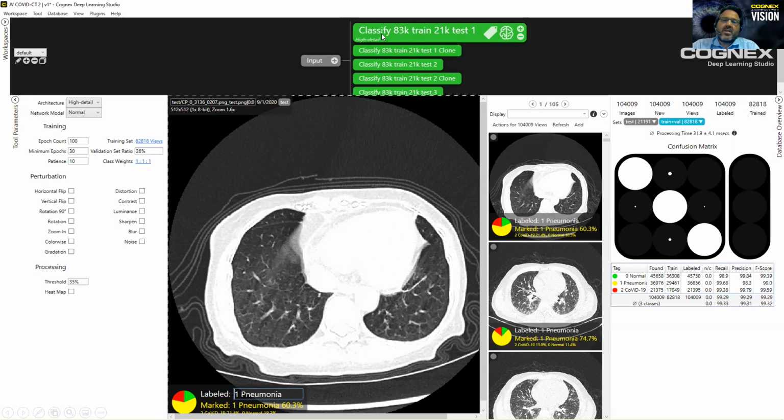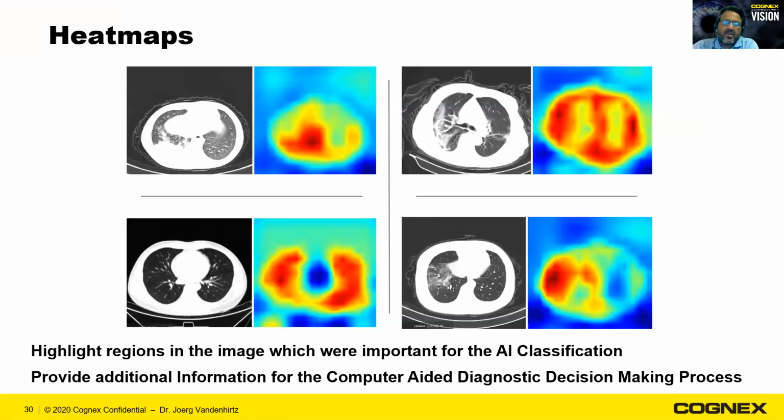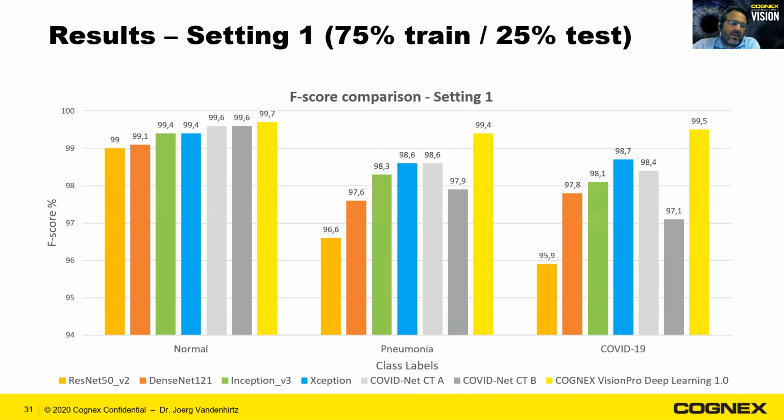Again, the GUI, this time you can just see green tools here on the CT scans, the confusion matrix, and the statistics below it. Also the heat maps, again, to highlight regions in the image which were important for the AI classification. And if you look at the results, you can really see that even for setting 1, COGNEX has above 99 F-score for all 3 classes: normal, pneumonia, and COVID, and thus is better than all the other architectures in the test.